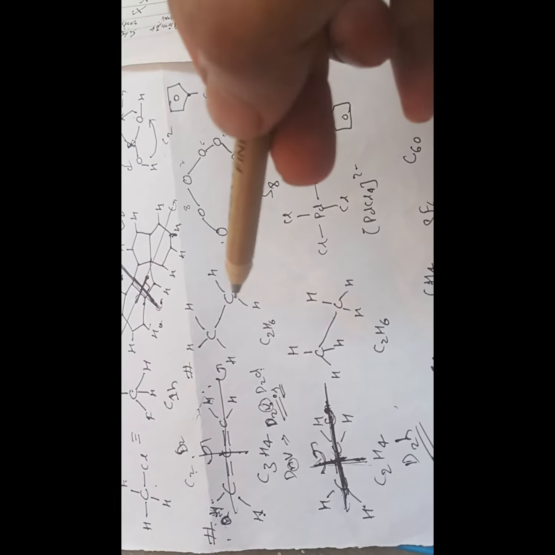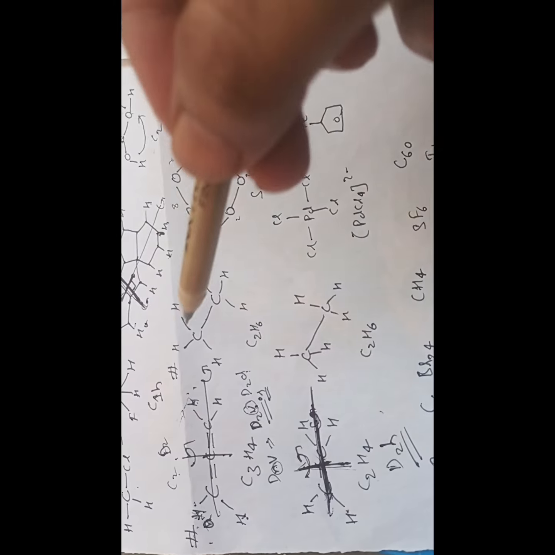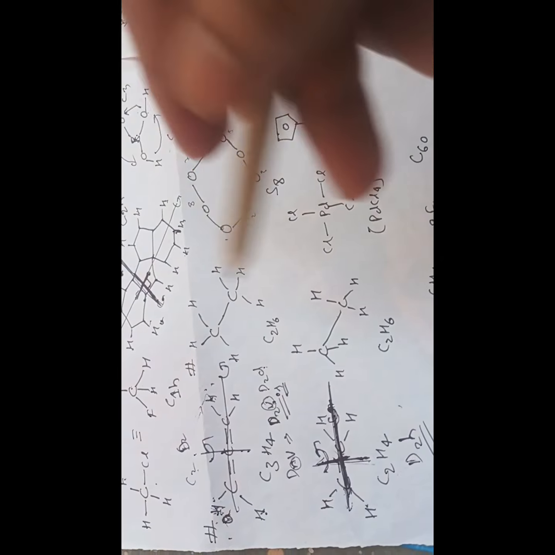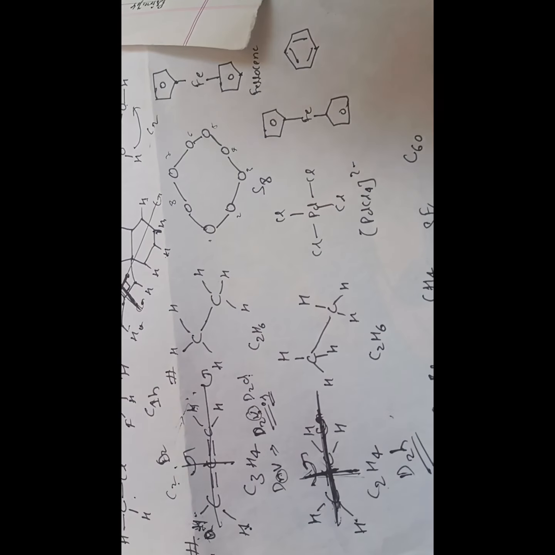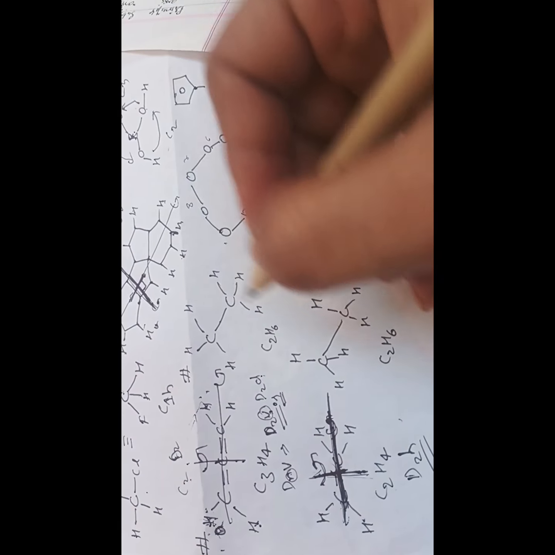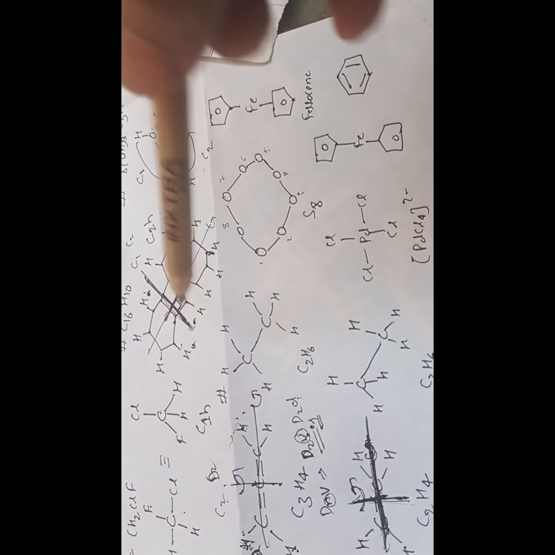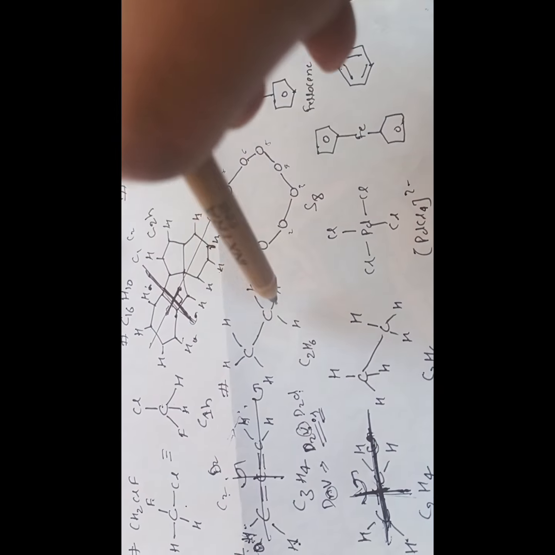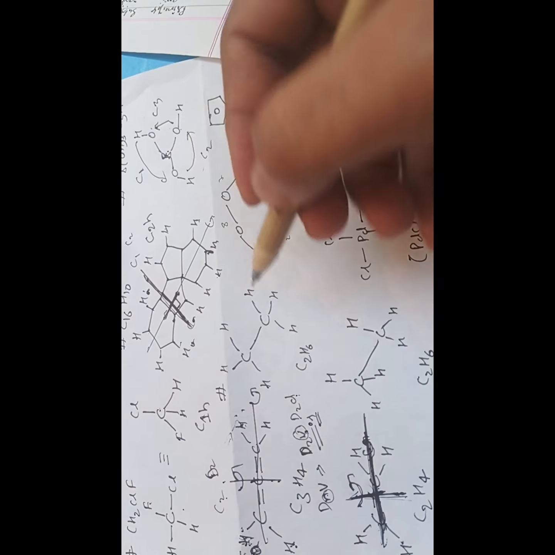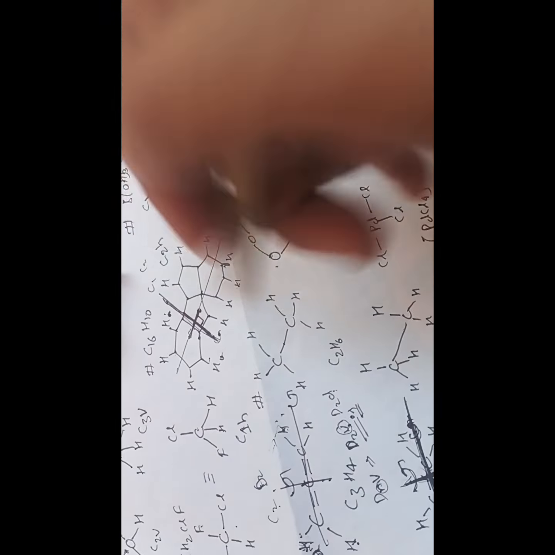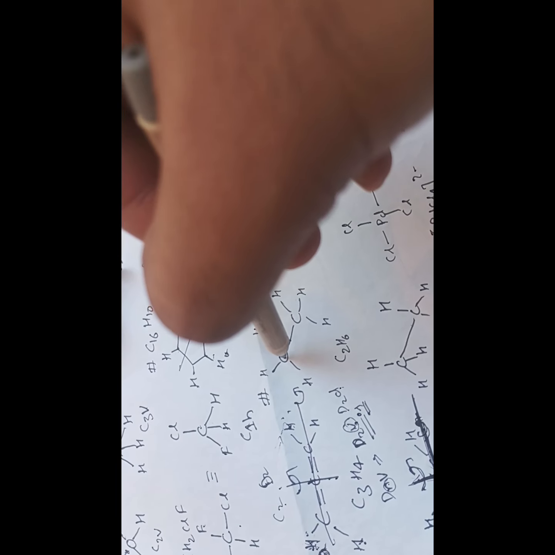Okay, and also when we come to C2H6, then there will be like this. This C2 axis has the special character, like this have the vertical plane also, and it has also horizontal plane. Means when we cut it like this, this molecule has like this. For this carbon it will turn like this.